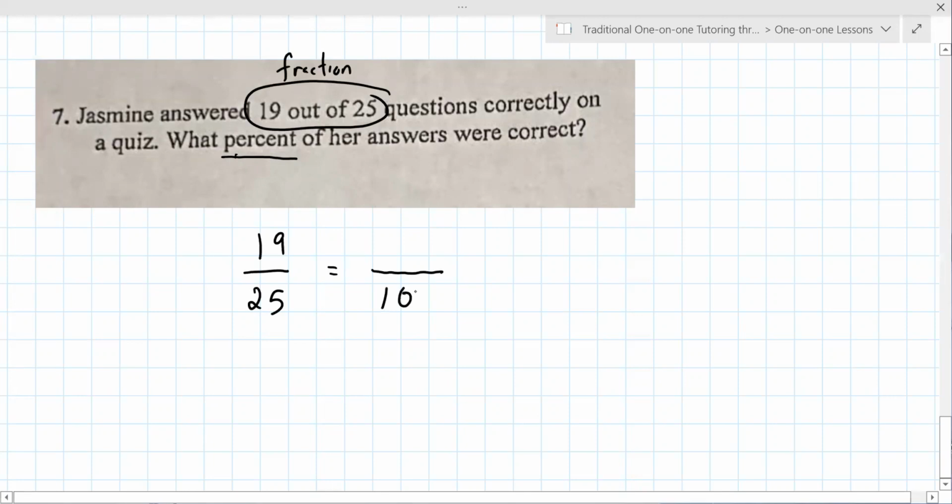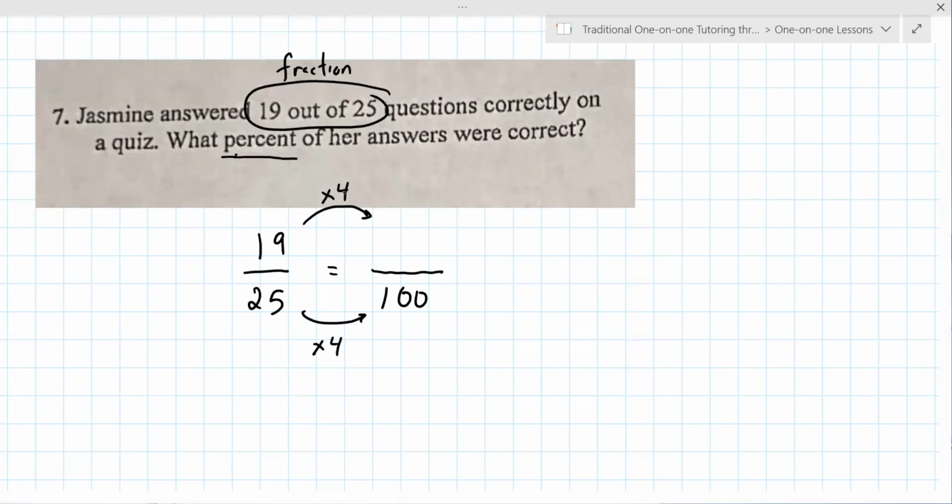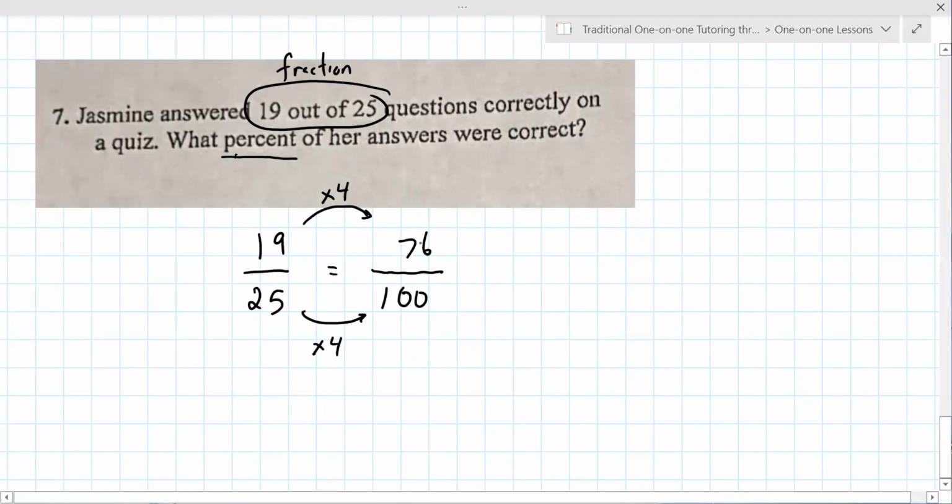We really want to get it up to 100 on the bottom. Times by 4. Yeah. So you have to multiply 19 by 4. Can you do that and give me the result, please? 76. Very good.